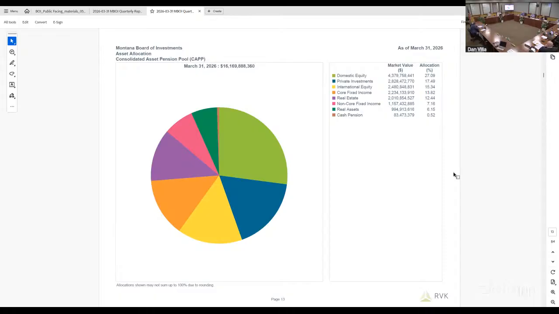And if you're adding those asset classes together, you can get basically a 43% allocation to traditional equities, fixed income of 22%, private assets of 17%. And when you look at the real estate, 12%, and real assets, 6%. So this is the big buckets that we participate in.